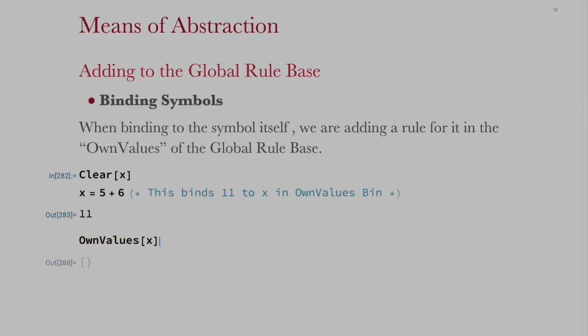However, if I do X, it shows that it has a rule inside the own values bin that says if you encounter X, ignore the hold pattern. Hold pattern means this is a pattern that's not to be evaluated. This is just to compare against. So if you see X, substitute 11, or evaluate to 11, or replace it by 11. This is what's called a term rewrite rule. Whenever you see X, change it to 11. We say 11 is the own value of X.